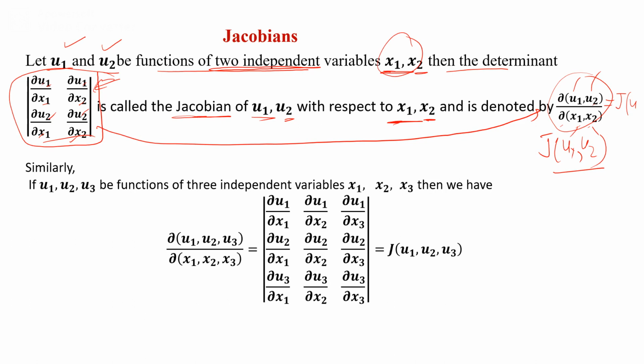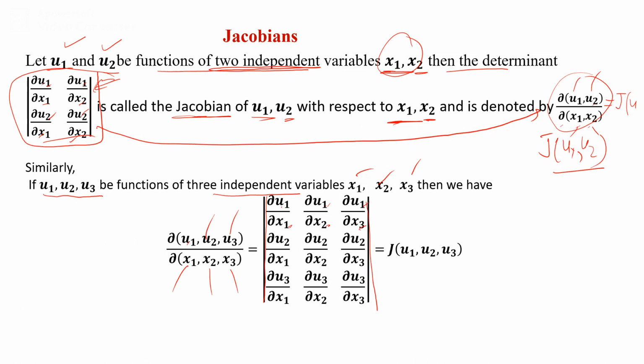In a similar way we can define it if we have three functions u1, u2, u3, which have three independent variables x1, x2, x3. Then we write the Jacobian, meaning the partial derivative of u1, u2, u3 with respect to x1, x2, x3. So we write a determinant: in the first row, u1 with respect to x1, u1 with respect to x2, u1 with respect to x3.